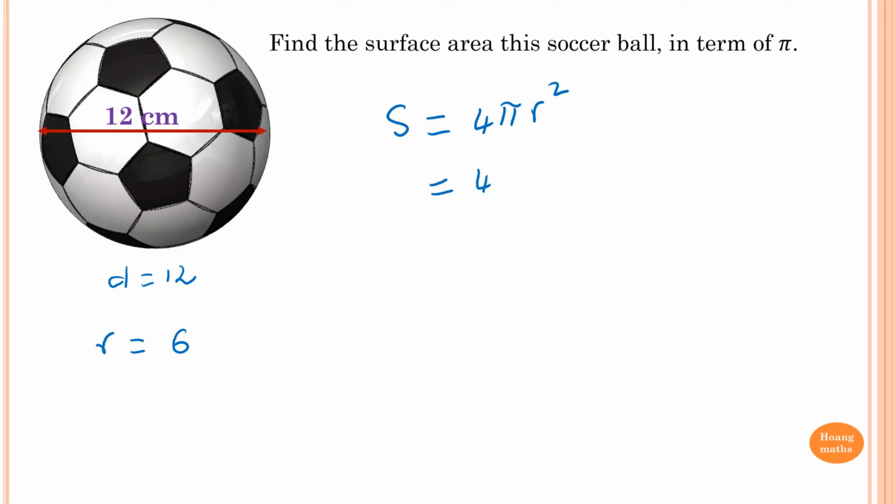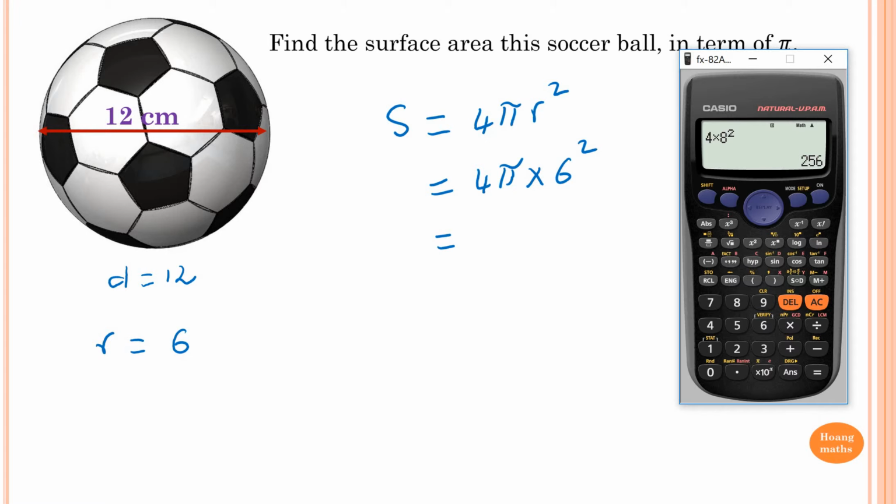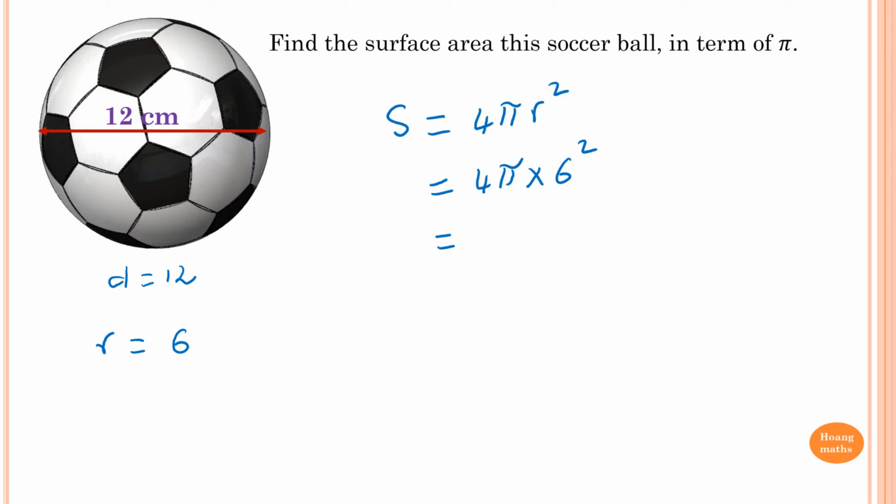So 4 pi, the radius is 6, so times 6 squared. That's it. So now we just put that in a calculator. So 4 times 6 squared gives me 144. So the answer is 144 pi square centimeters.